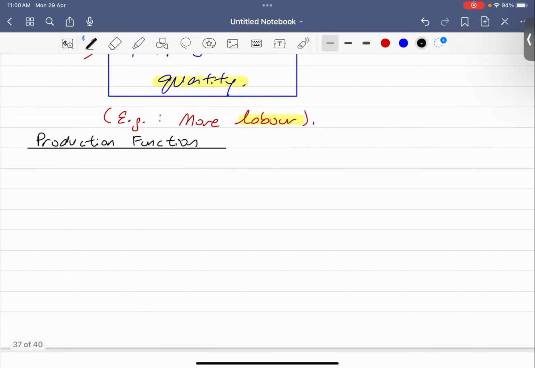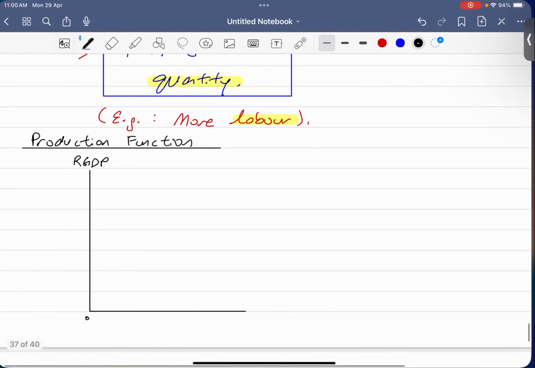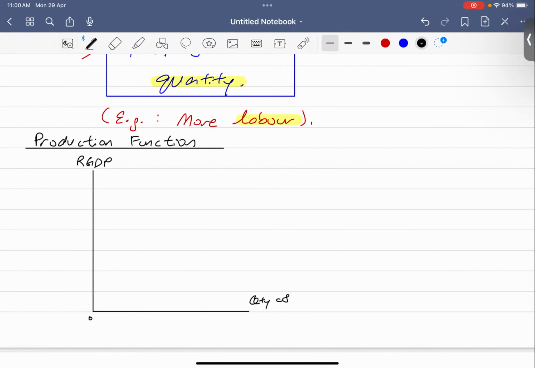Production function is a graph that looks into two relationships, which is the real GDP on my y-axis and the quantity of resources. Now let's say here we look into labor. Okay, so it will be like this. This is my production function.